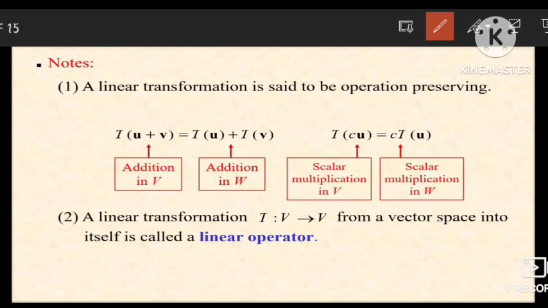Here T of u plus v is the addition in V, and T of u plus T of v is the addition in W, and T of cu is the scalar multiplication in V, and c into T of u is the scalar multiplication in capital W. Now second, a linear transformation T from V to V, from a vector space into itself, is called a linear operator.